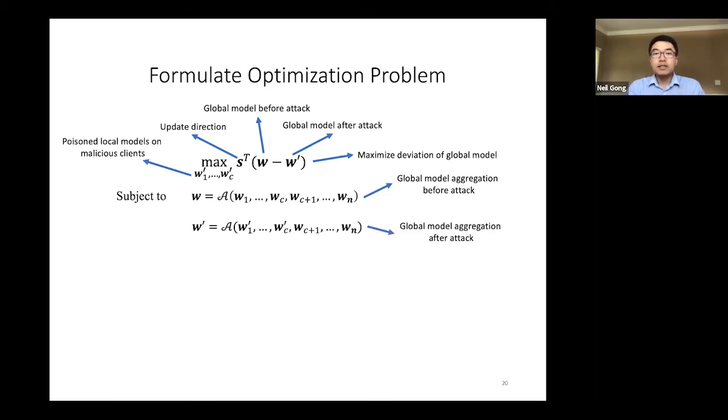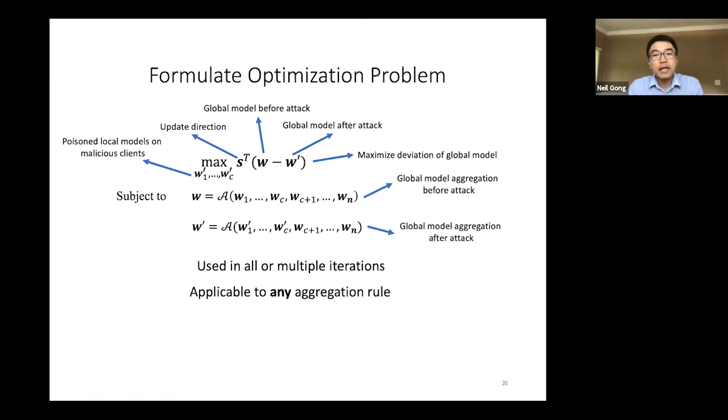This constraint means that the global model W prime after attack is an aggregation of the poisoned local models on the malicious clients and the benign local models on the benign clients. So in our attacks, an attacker basically solves this optimization problem to find the optimal poisoned local models in all or multiple iterations of federated learning.